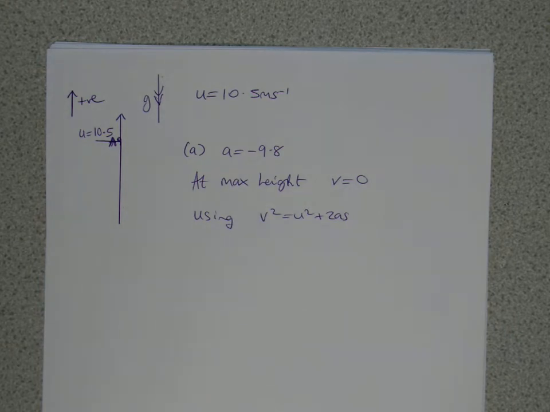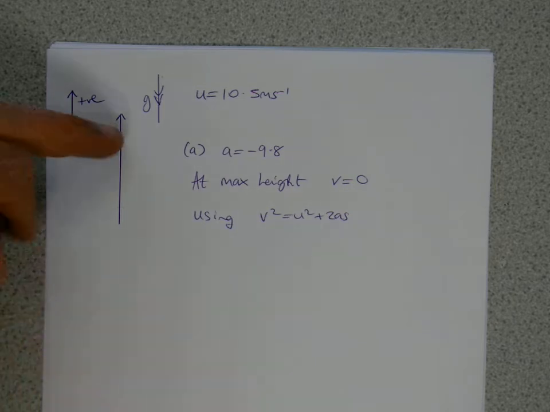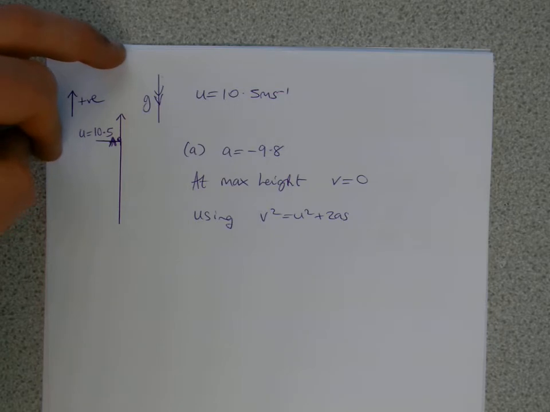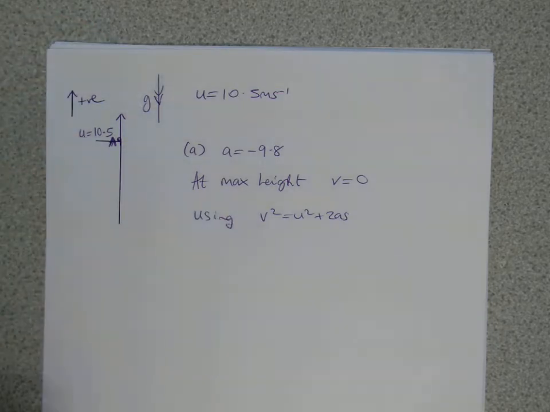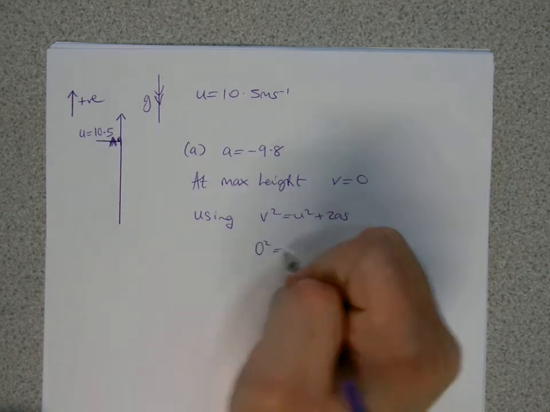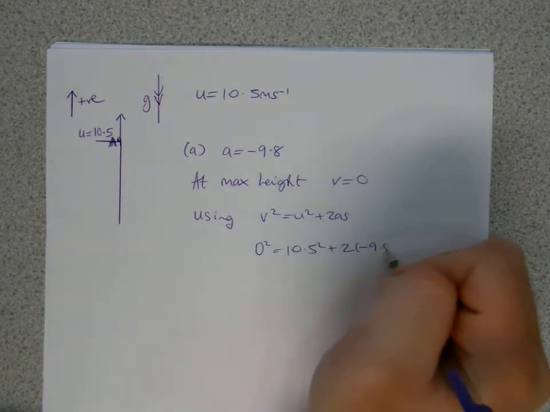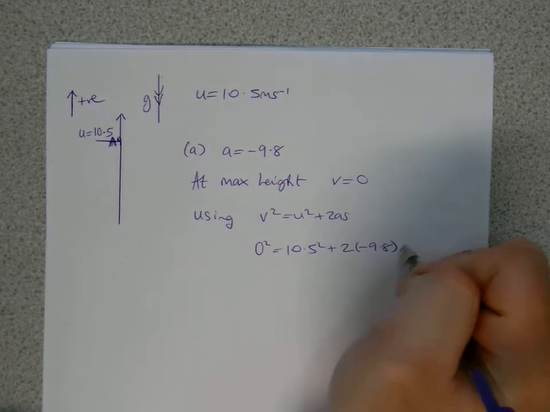Because we've seen, logically speaking, the pebble will slow down as it gets towards its max height. And then when it gets to its max height, this final velocity will be 0. So 0 squared equals 10.5 squared plus 2 times minus 9.8 times s, okay?